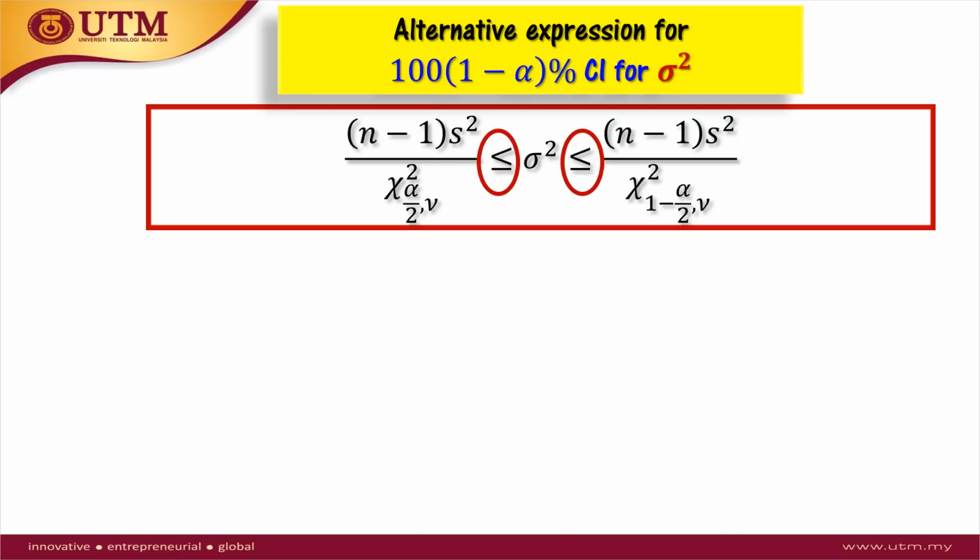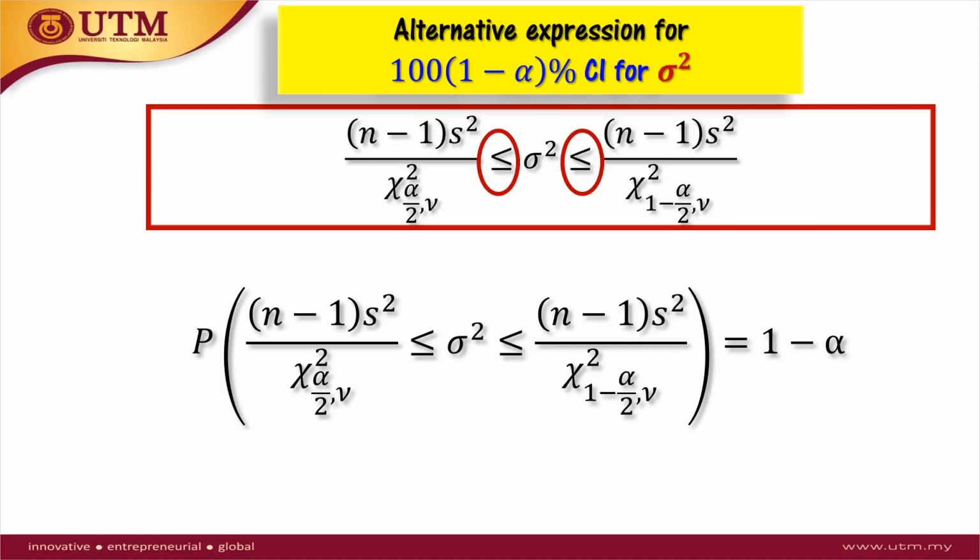As we know, the confidence interval is actually derived from probability, and for this confidence interval, we can also say that the probability that the interval n minus 1 s squared divided by chi squared alpha over 2 nu and n minus 1 s squared divided by chi squared 1 minus alpha over 2 nu may contain the true population variance value sigma squared is 1 minus alpha.